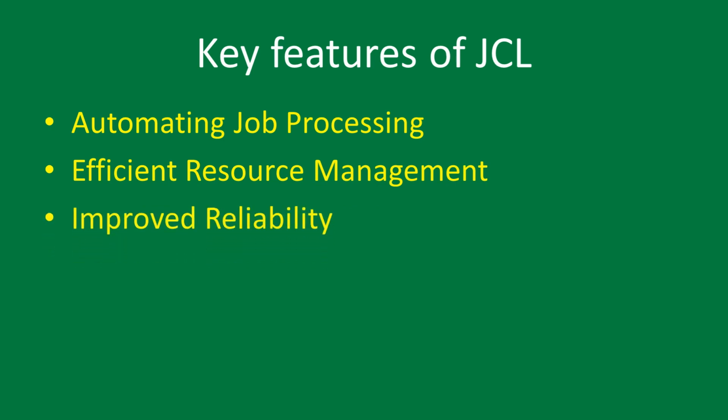The third one is improved reliability, which relates to the automation we discussed earlier. By automating the processing of jobs and managing resources, JCL helps to improve the overall reliability of the mainframe system. Jobs are executed in a consistent and predictable manner, reducing the risk of errors or system crashes.